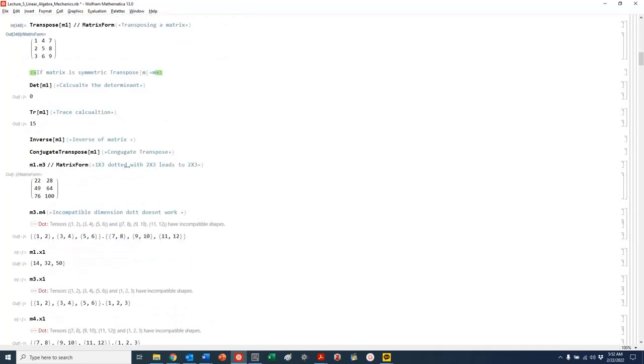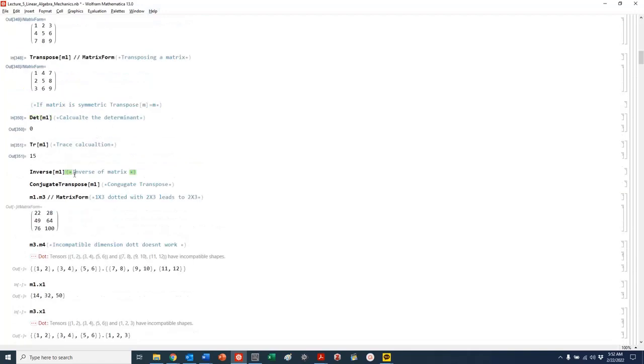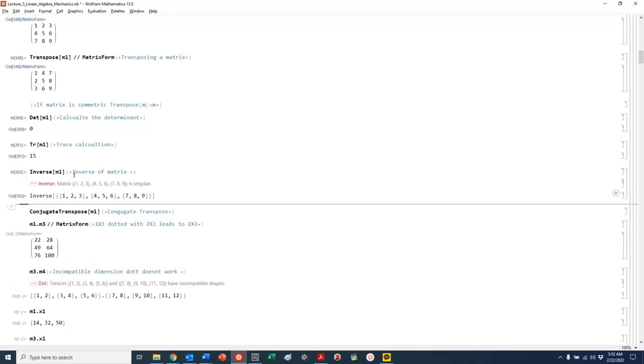If a matrix is symmetric, then the transpose of M equals M, and that's a very unique property. I can calculate the determinant, and for this matrix, it's 0. That's a problem. I could do the trace. What is the trace? The trace is adding the diagonal values, so it's going to add this, this, and this. So I could do the determinant and the trace. I could also do the inverse of my matrix.